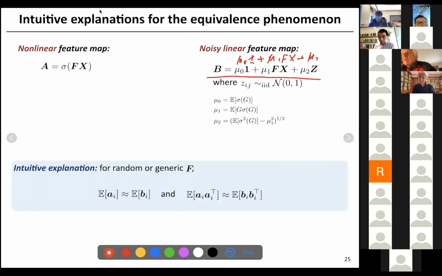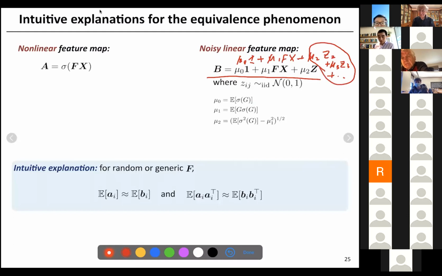Plus mu2 times z2, plus mu3 times z3, plus so on and so forth, right? And the z2, z3 are just independent Gaussians, but because they are independent Gaussians, we get to combine these as a single Gaussian, which we write C here. And you can see mu2 in this case is just equal to the square root of the summation of mu i squared for i greater than or equal to 2. And this is exactly what we have here.